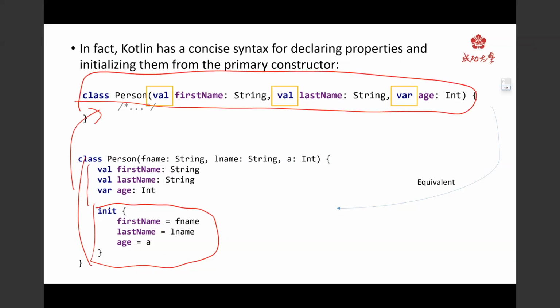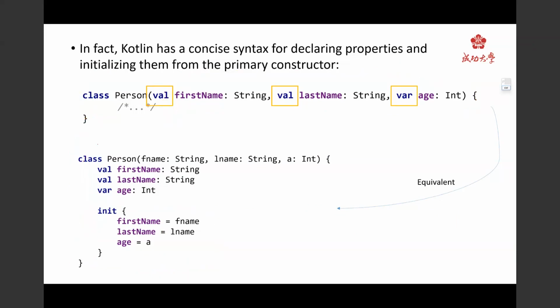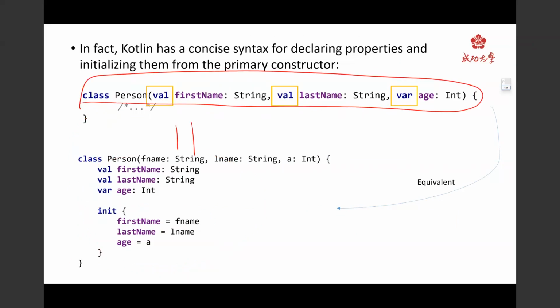If we put val or var before the name of the parameters for the primary constructor, then the compiler is going to generate this piece of code. So these two things are equivalent, and obviously the one on the top is much more concise.